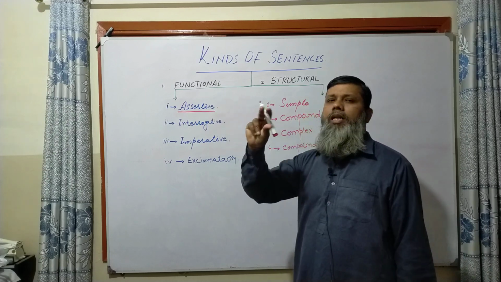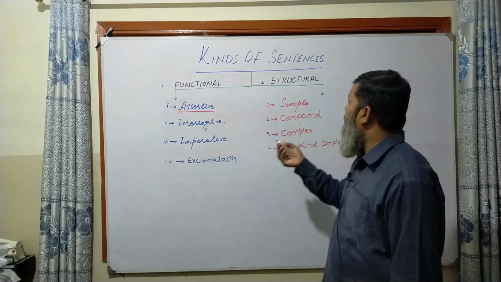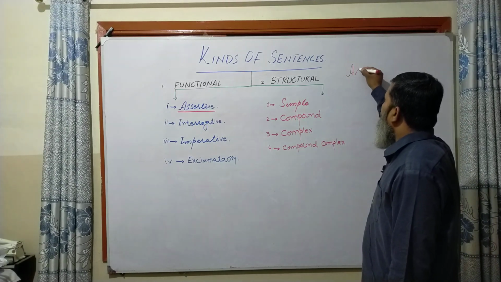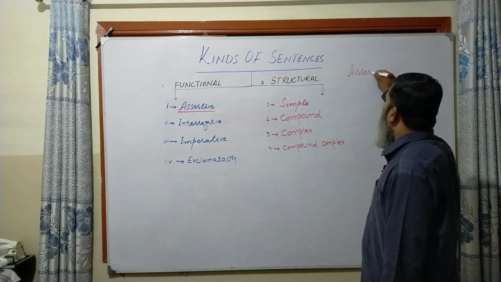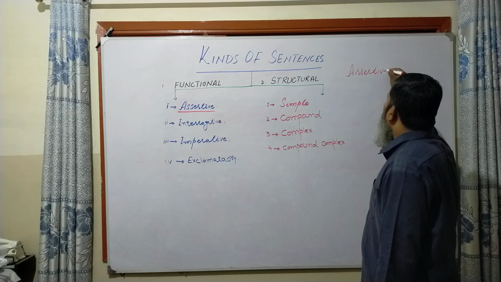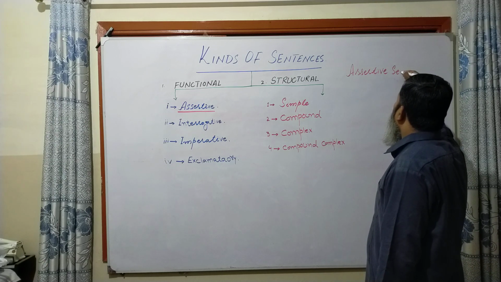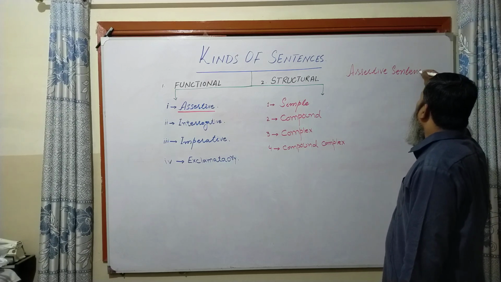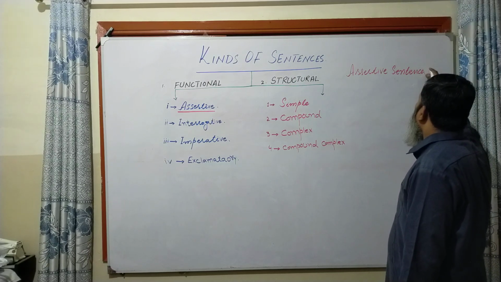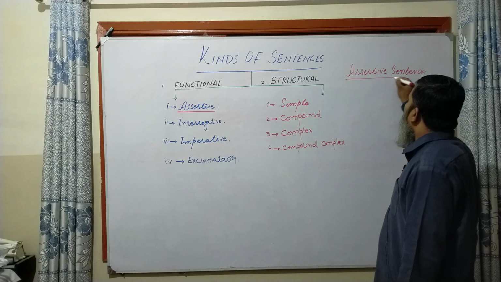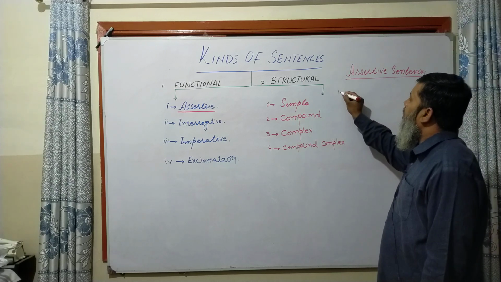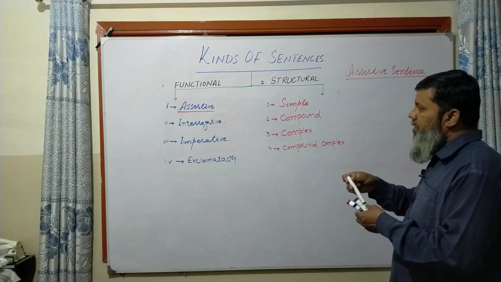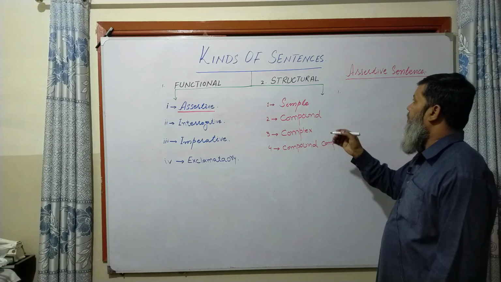A statement is given. Look at here the examples of assertive sentences. These are the statements of assertive sentence.